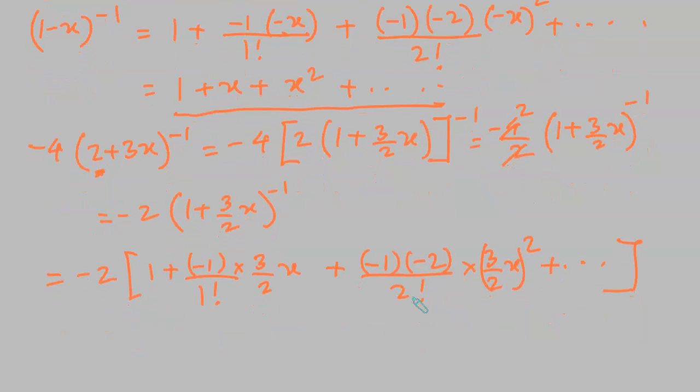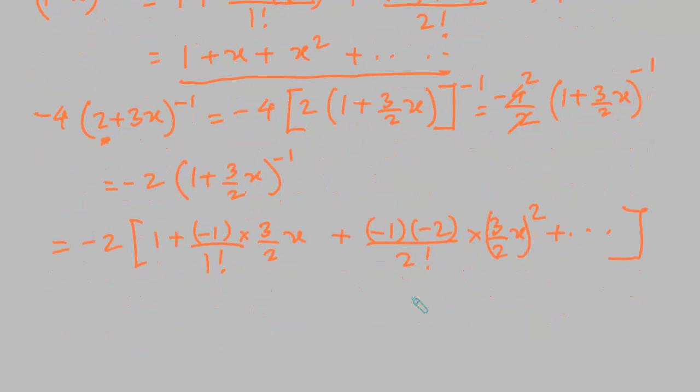So this is equal to negative 2 times 1 is negative 2. The second term is negative 1 over 1 is negative 1 times 3 over 2x. This is negative 3 over 2x getting multiplied with negative 2. So it becomes a positive 3x. Okay.